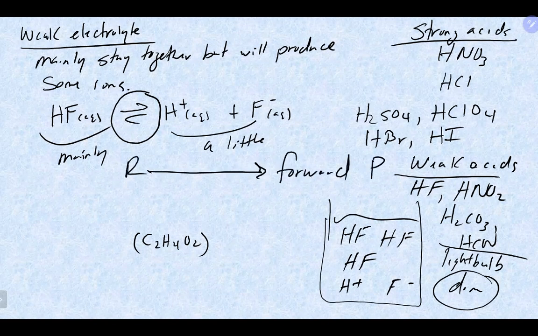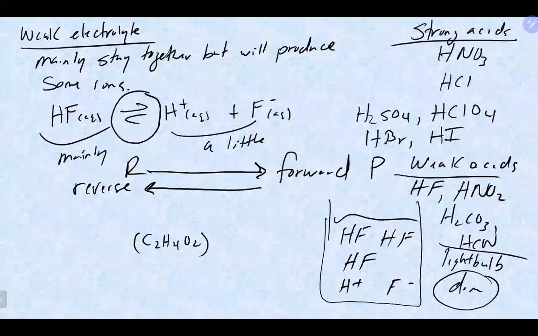And at some point, you'll build up enough products that they will combine and go the opposite way, which is what is referred to as the reverse direction. So in a weak electrolyte, you basically have the reaction going in both directions. You'll build up some products. Once products get built up, they'll come back the other way and make some reactants. So that is a main difference between that and a strong electrolyte.